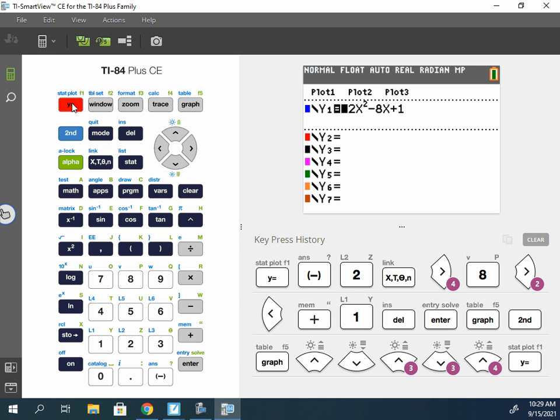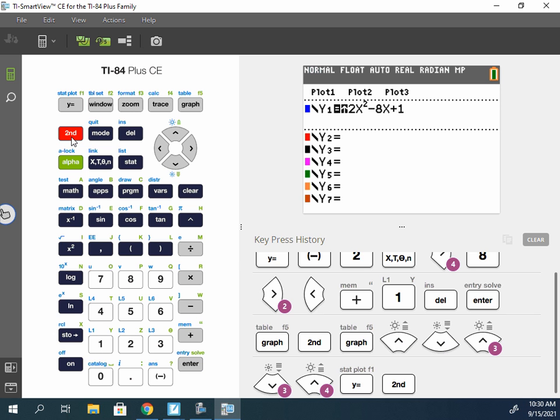Now the graphing calculator is not going to throw a fit if you do -2x squared -8x. It's going to say that's fine, okay. So what you're telling me is that I have -2x squared times -8x. It's going to consider that multiplication and move on, not subtraction. So we do have to be careful with that there.